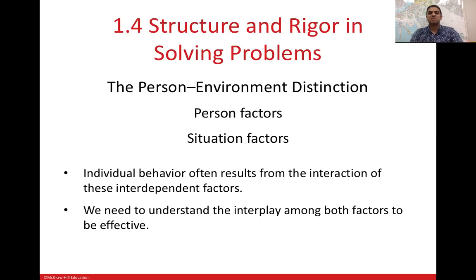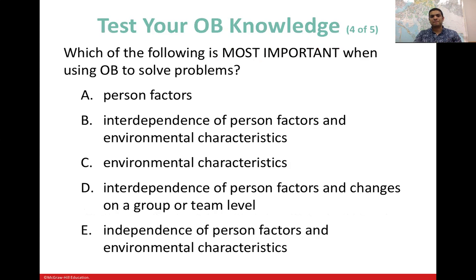And we need to understand that anything in the environment happens as an interplay between the person and what they bring to the table, as well as the environment they work within, and these are the situation factors. And this book focuses to a large extent on this distinction. Okay, so let's test our knowledge here again. Which of the following is most important when using OB to solve problems?